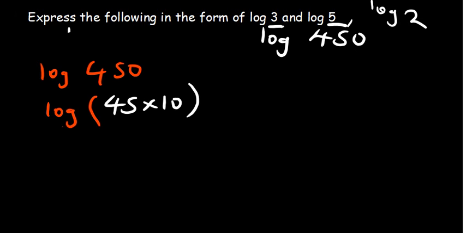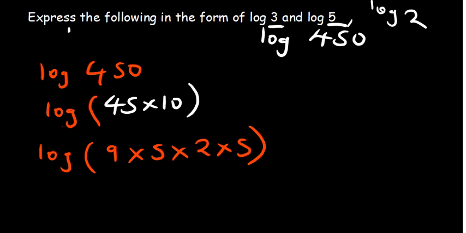And we also understand that basically 45 is the same as 9 times 5. Then we also know that 10 is the same as 2 times 5. So we only want to see 3, 5, and 2 there. How do we make it possible?